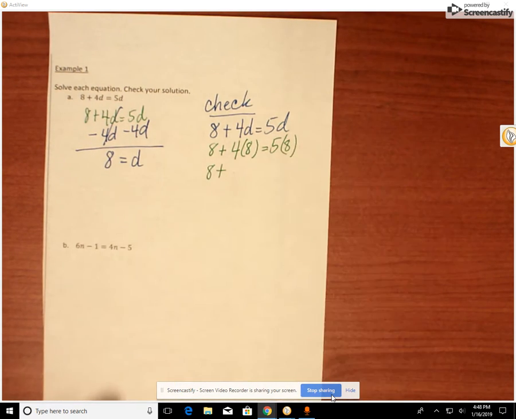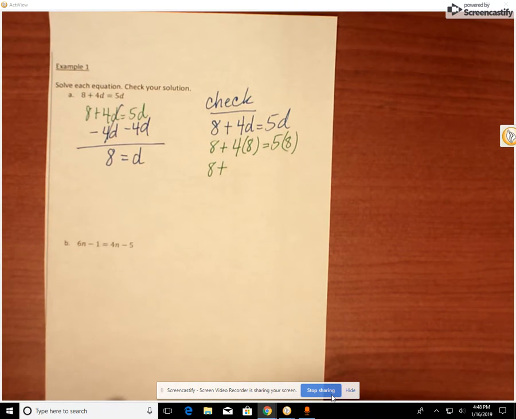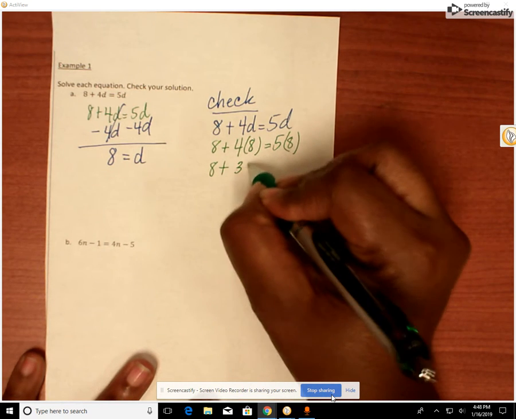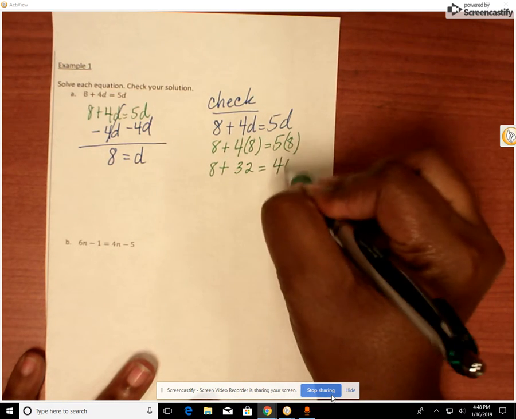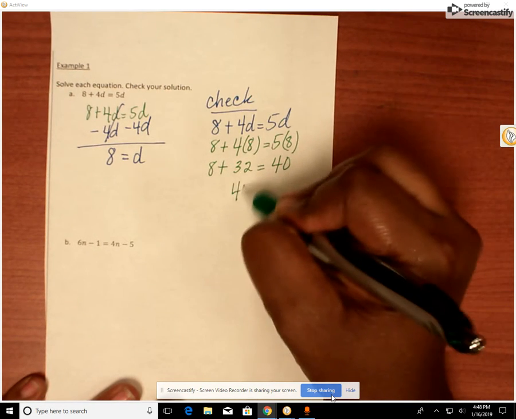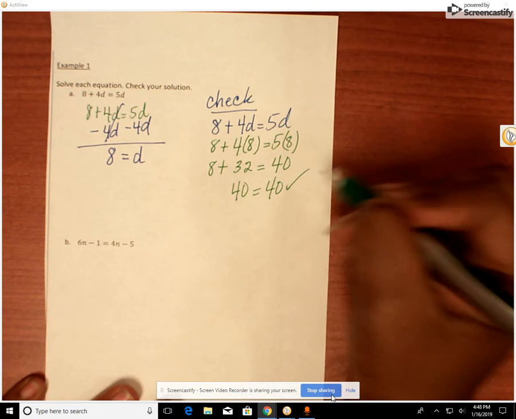We're going to leave the 8 because order of operations says we need to multiply before we add or subtract. So 4 times 8 is 32. 5 times 8 is 40. 8 plus 32 is 40. 40 equals 40.